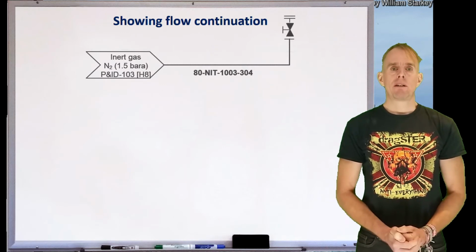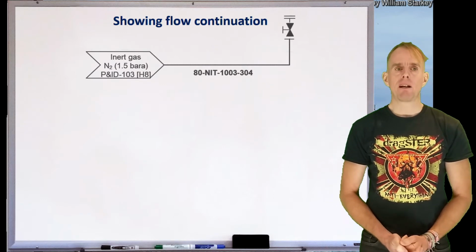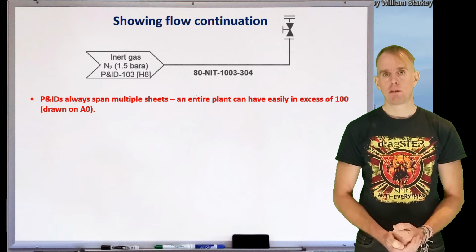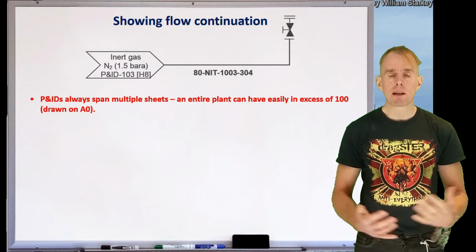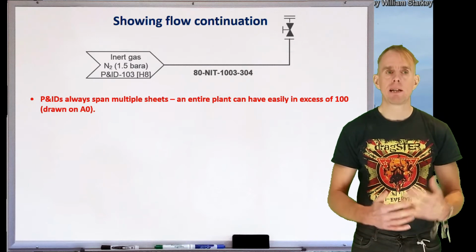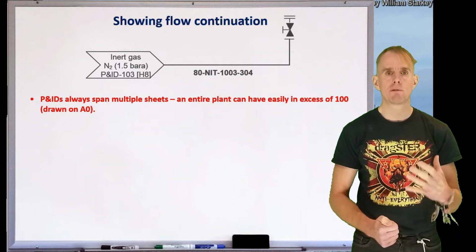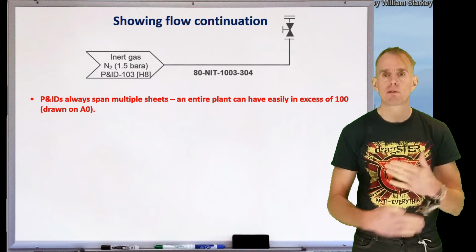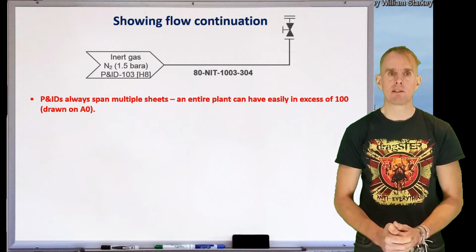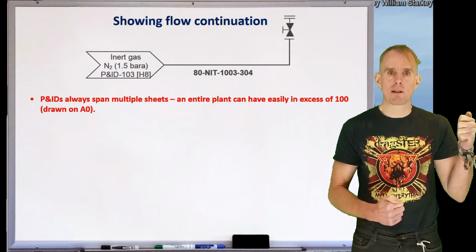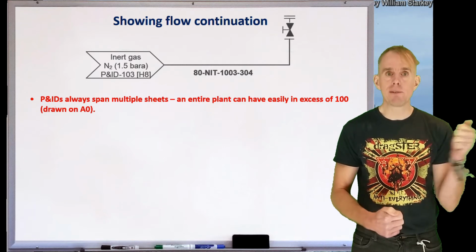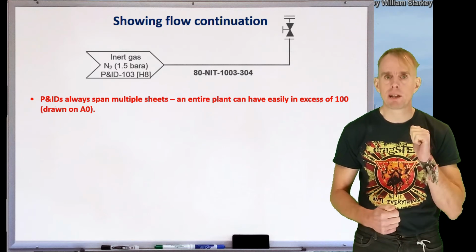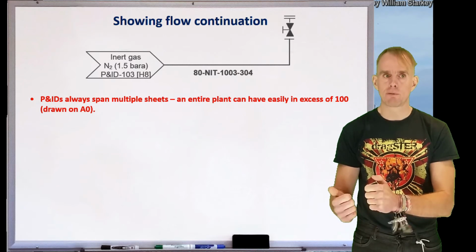When we think about P&IDs, we have to think that for a plant there can be hundreds of P&IDs. A complex piece of plant will have many P&IDs. So what we want to do if we're following a material flow from one P&ID across 5 or 6 different P&IDs is to be able to locate where that material flow leaves a P&ID, where it appears on the next P&ID, and so on and so forth.